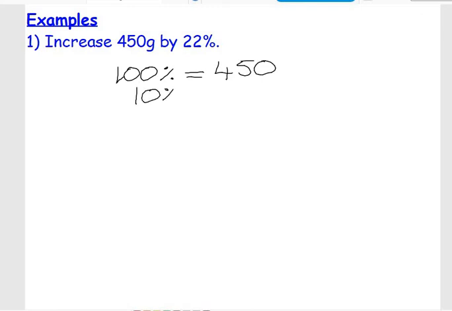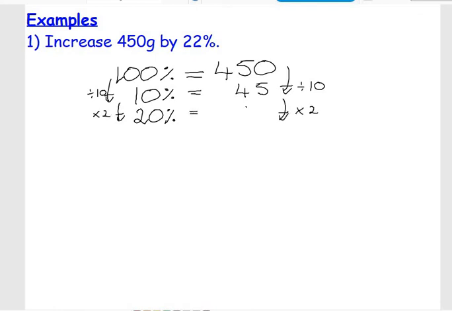The easiest percentage to find is 10%, by dividing by 10. 450 divided by 10, each digit moves one place to the right, so you end up with 45. We know 10% is 45, so 20% is double that. 45 times 2 is equal to 90.